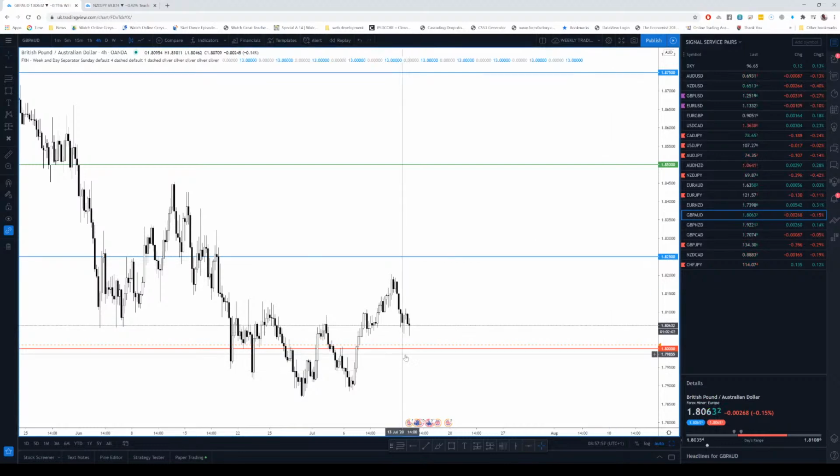We are still waiting for this. That's the level we want to be a buyer. Right, I did mention if you wanted to go short, you could go short yesterday, today, but I don't like counter trend, so I'll wait for it to get down here and I'll be a buyer.